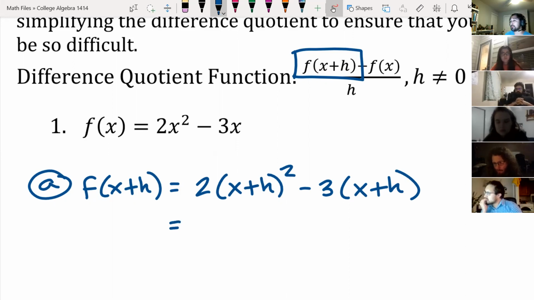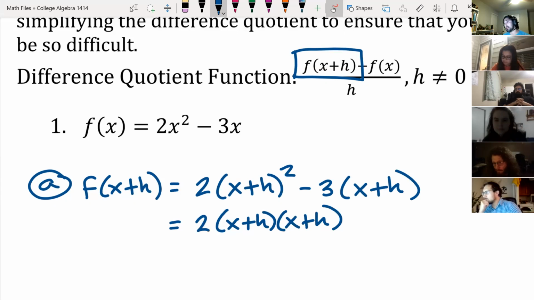So x plus h squared means we have 2 times x plus h times x plus h. And we can go ahead and distribute that -3 already. And now we're going to FOIL x plus h times x plus h.